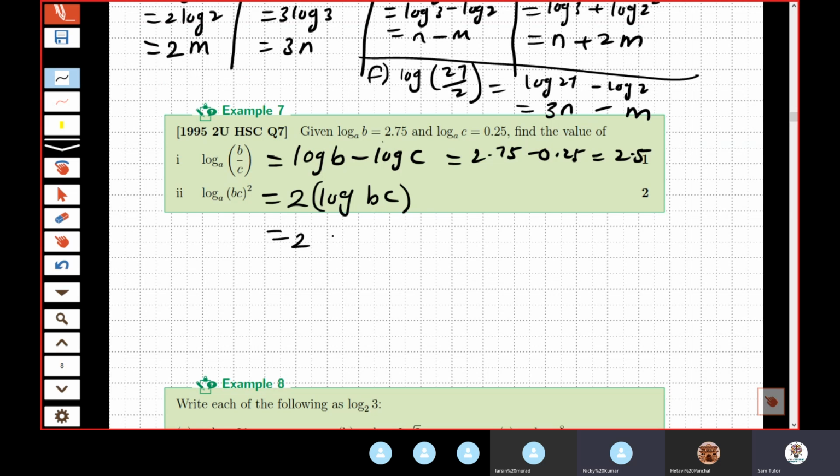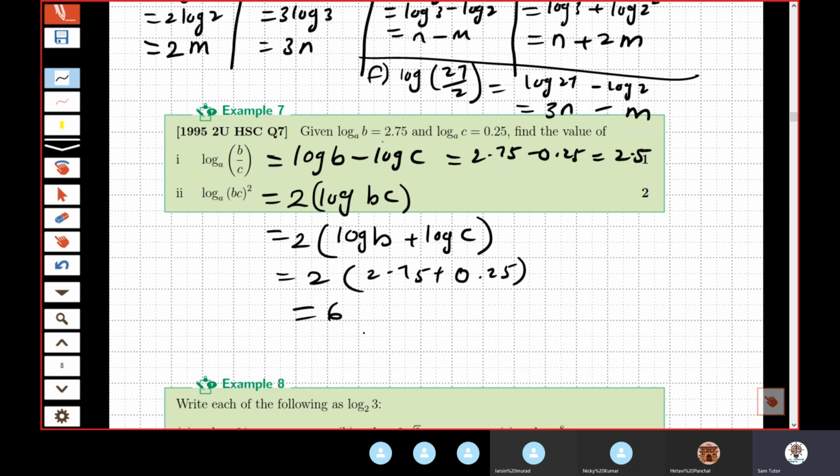It is times already, so what are you going to write it as? You would add. Yes, that's the one. When they're multiplied, you add your logs. Log B plus log C. That becomes 3 times 2, which is 6.